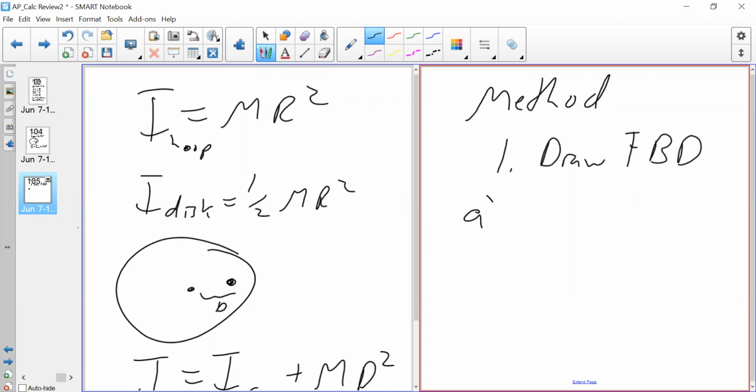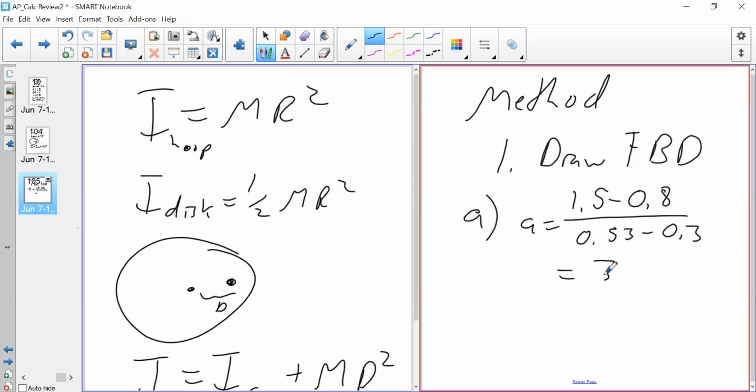The first part deals with the data. We never did an experiment like that, outside of the lab. The data points are scattered, but you know there's a best fit line you can make, and the acceleration is, approximately, 1.5 minus 0.8 over 0.53 minus 0.3. That comes out to roughly 3.04 meters per second squared.